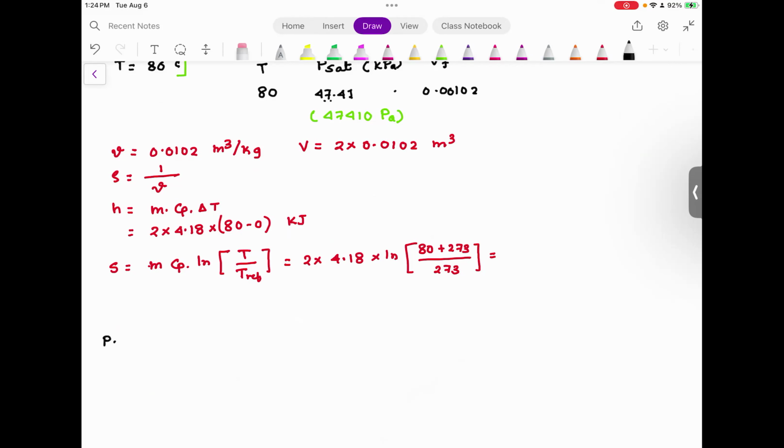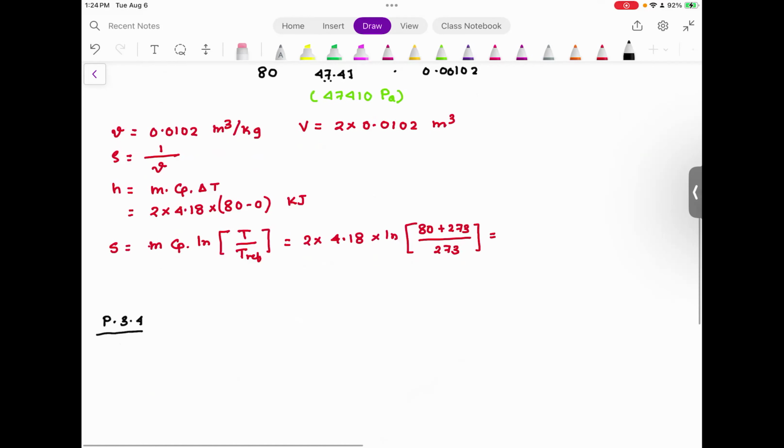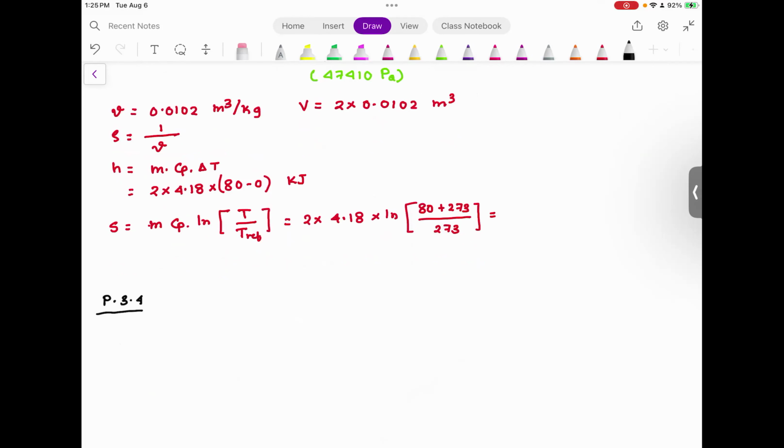Problem 3.4. And I want one of you to help me out with this problem, because this problem expects you to read from the steam tables.